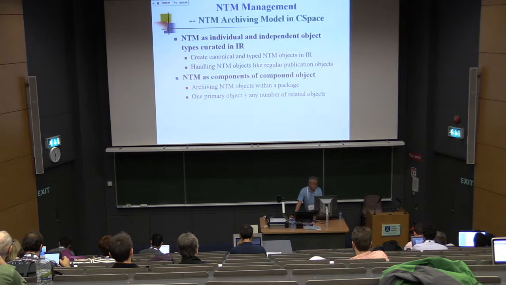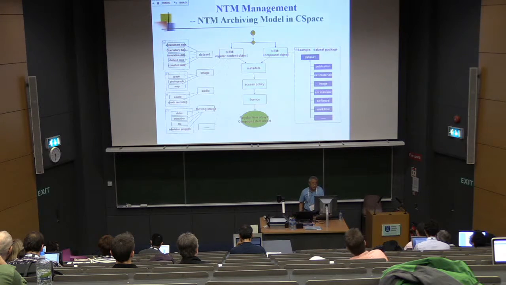But further, we treat NTM as components of a compound object. That is to say, we can archive NTM objects within a package, which contains one primary object and any number of related objects. This is the overall NTM archive model in CSpace.